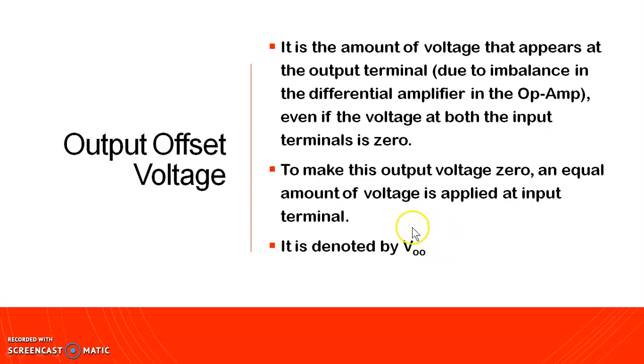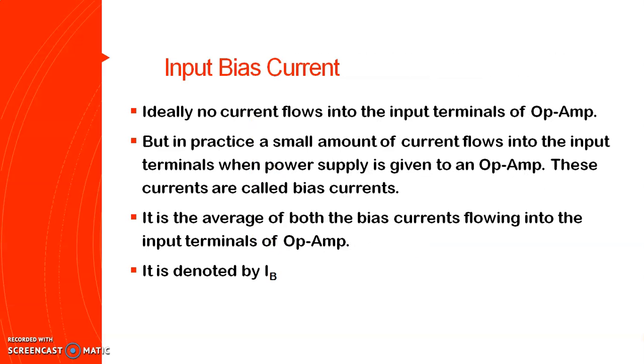Output offset voltage occurs due to the imbalance in the op-amp. So I can say that in order to make the output offset voltage 0, we apply input offset voltage.